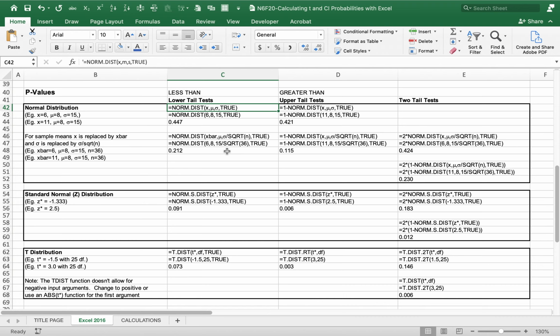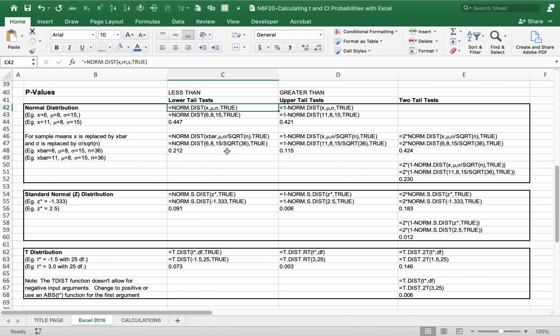So it means from 90 down. So we would be using a norm.dist function. If we wanted 90 up, then we would do a 1 minus norm.dist, because the norm.dist always gives you from some point down, so 1 minus will give you from some point up.